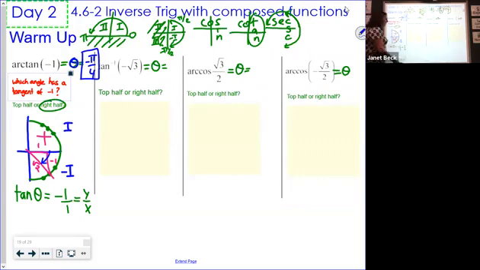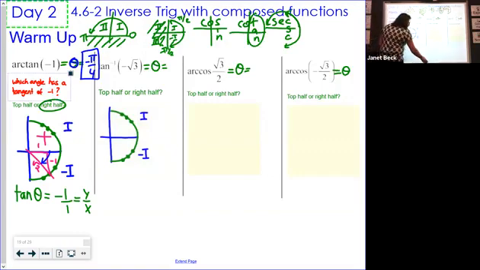Our next question, again, it's an inverse tangent, so again, we're going to be looking at the right half. Again, it's negative, so we've got some triangle somewhere with an angle somewhere between 0 and -pi/2. And what I know about it is that the tangent of the angle is negative the square root of 3.